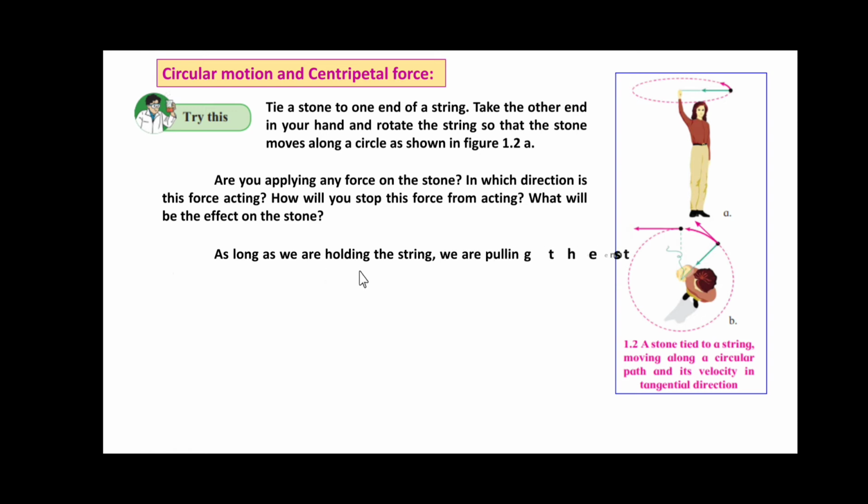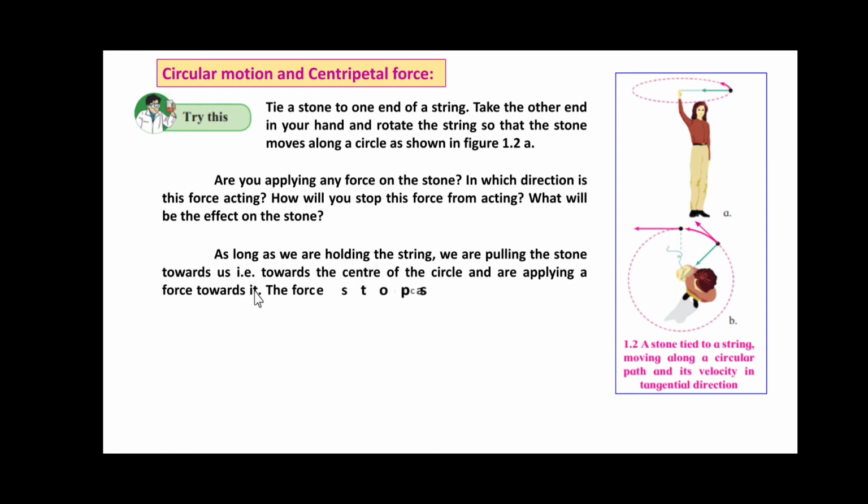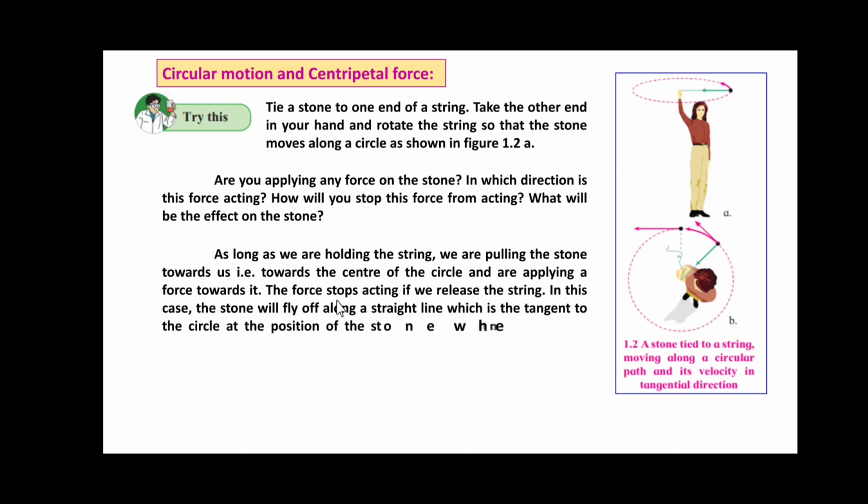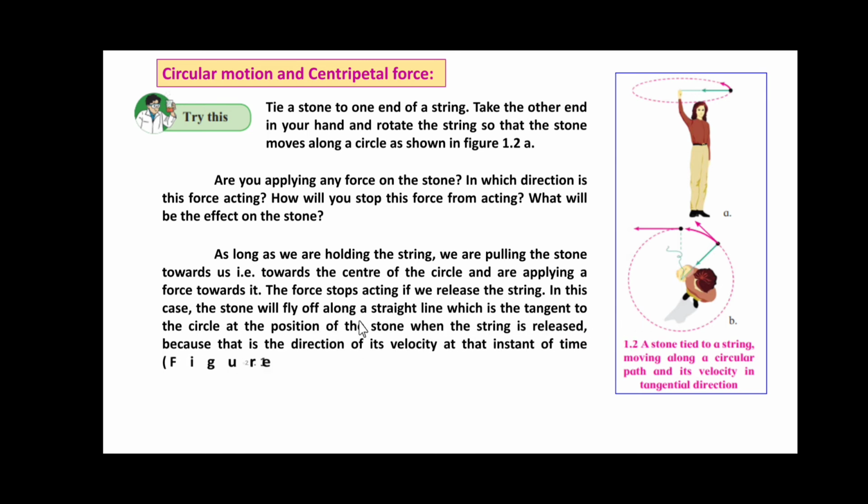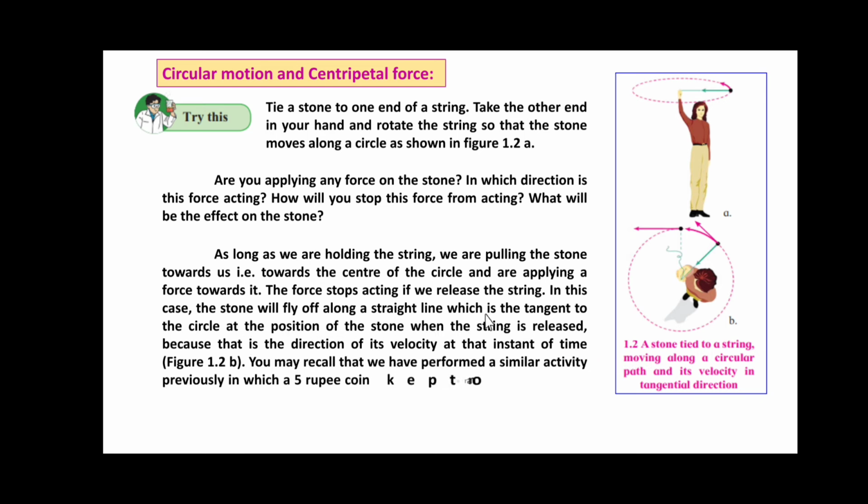As long as we are holding the string, we are pulling the stone towards us, that is towards the center of the circle, and are applying a force towards it. So the force stops acting if we release the string. In this case, the stone will fly off along a straight line, which is the tangent to the circle at the position of the stone when the string is released, because that is the direction of its velocity at that instant of time.